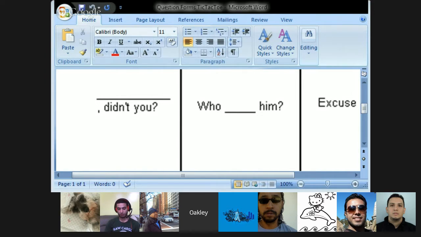Now, this is what's called a tag question. Let me give a little background, basics of a tag question. A tag question consists of a statement and a tag. If the statement is positive, "I am crazy," then the tag will have to use the same auxiliary, in my example the verb "to be," in the negative.